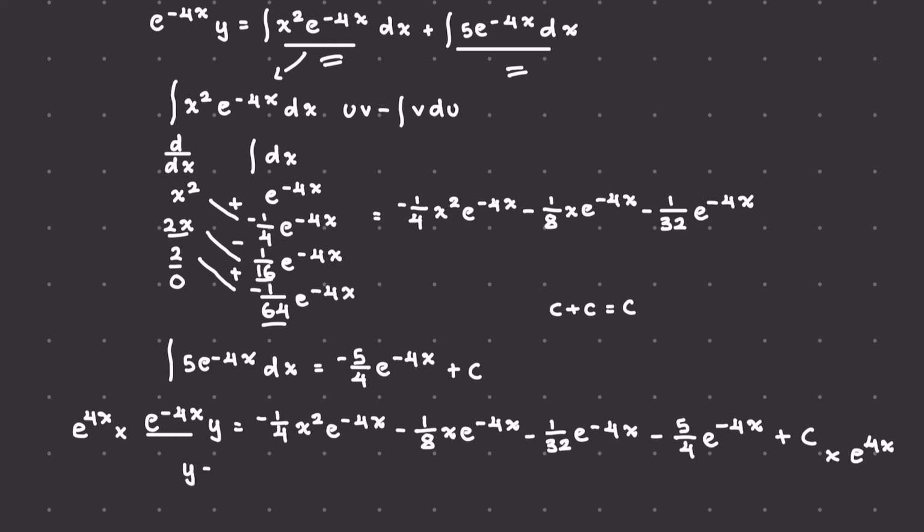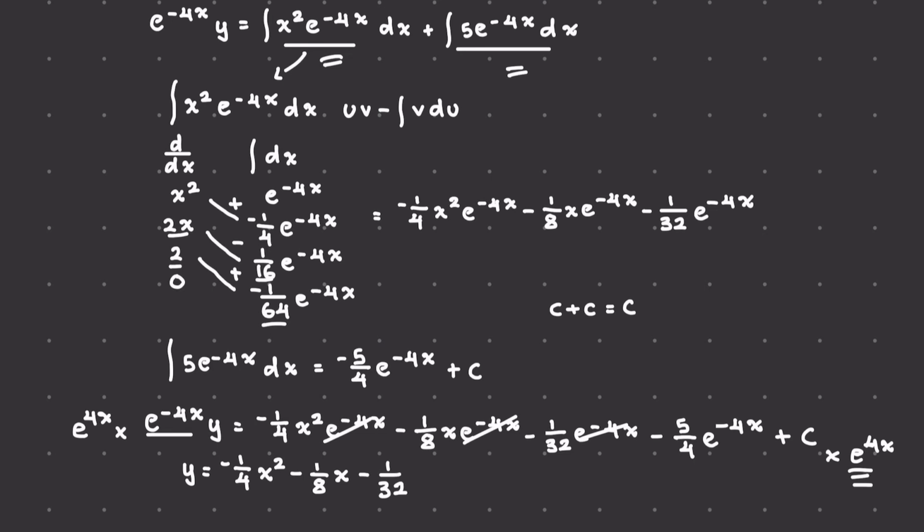So we lose the e to the power of negative 4x on the left hand side, and for the right hand side we have negative 1 over 4 times x squared. We lose this one because of this here, minus 1 over 8 times x, and we will lose this as well because we will multiply it by e to the 4x, and minus 1 over 32 here, and we will lose this as well because we will multiply it with this.